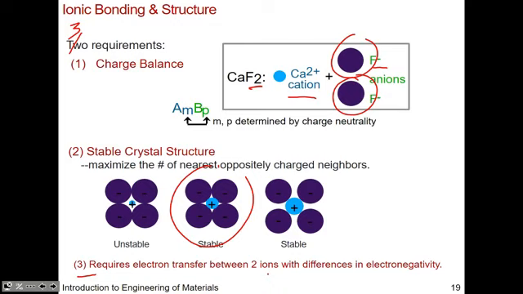So if a cation is too large for a certain anion, it will be unstable, right? If it's too small, it will also be unstable. There's a table in your book that goes through what is the range for each stable coordination number. And as I mentioned, you need also electron transfer between the 2 ions with differences in electronegativity.